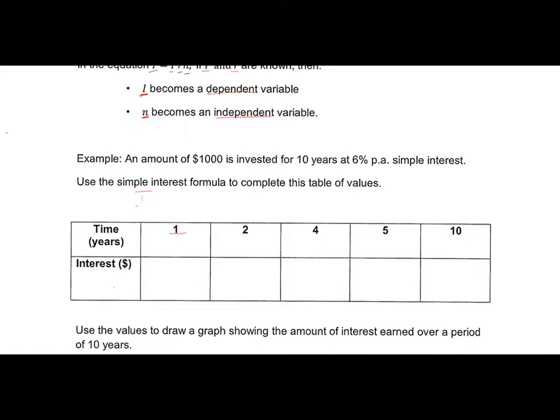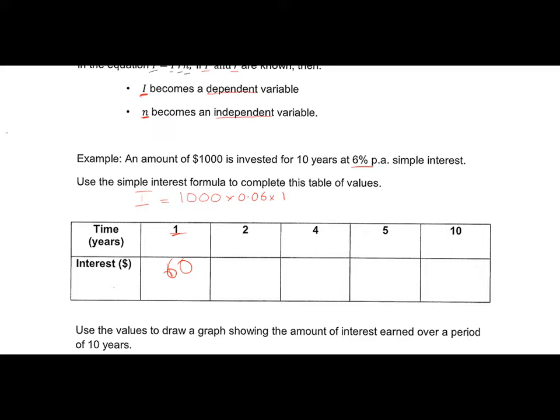The interest is equal to the principal of 1,000 multiplied by the interest rate, 6% as a decimal, 0.06, multiplied by the number of time periods, which is 1. Do that, you will get $60.